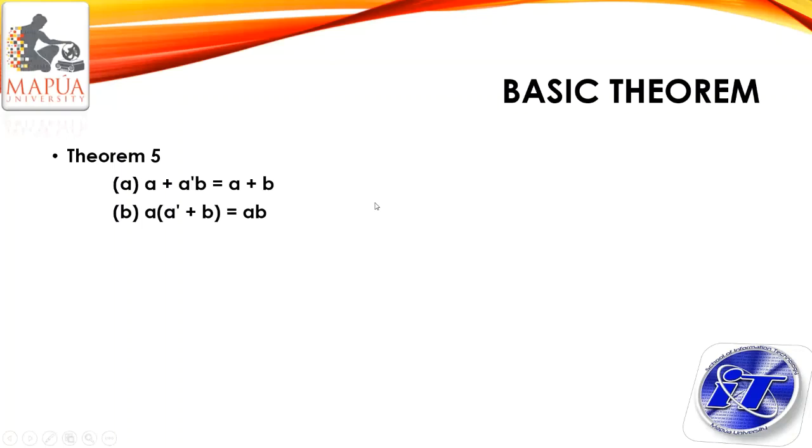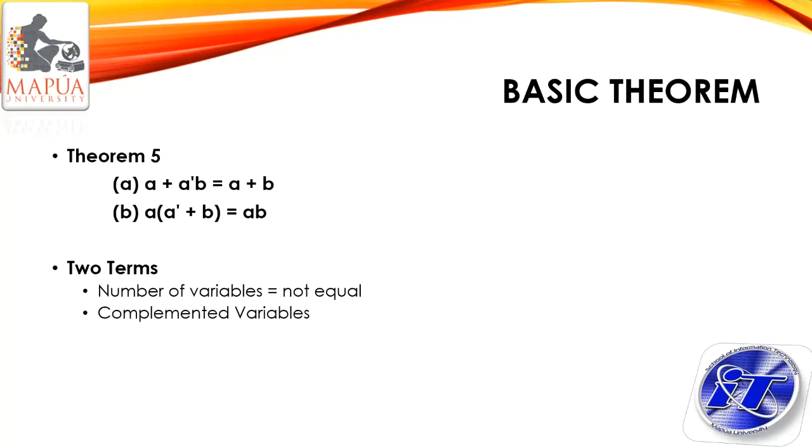Okay, so how could we determine if we can implement theorem number 5? It should be 2 terms. The number of variables is not equal, same as theorem number 4. And there are some variables that complement each other.